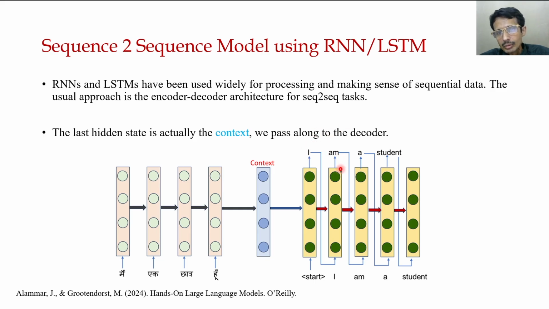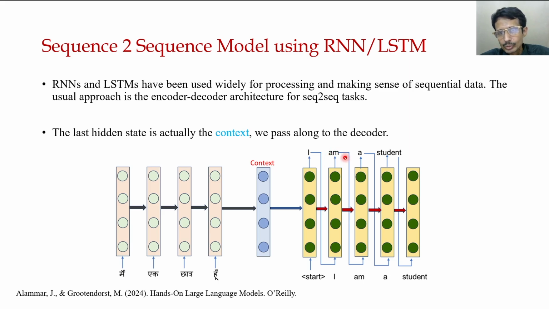In this decoder there is also a very interesting architecture. In the first node, time instance 1, it is start, and it gives the first word of the sentence. Then this word comes as input to the second step.